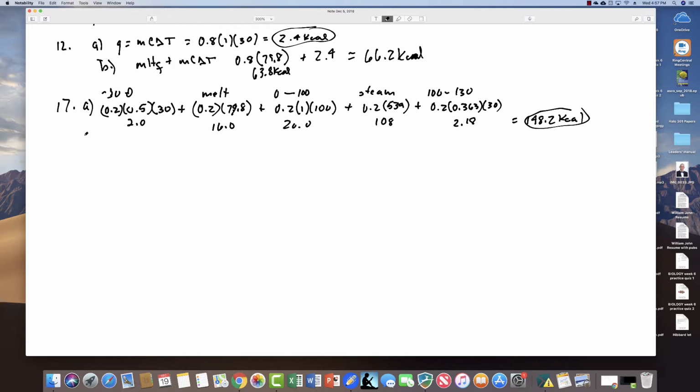Now the second question says that if you have a constant heater that supplies 20 kilojoules per second, how much time does each one of these steps take? Now I did this in terms of kilocalories, okay?